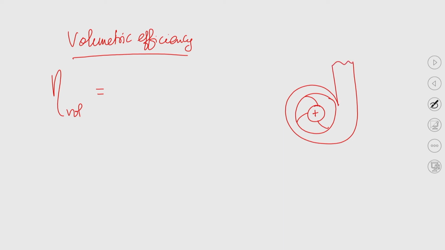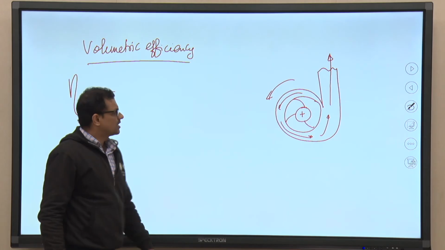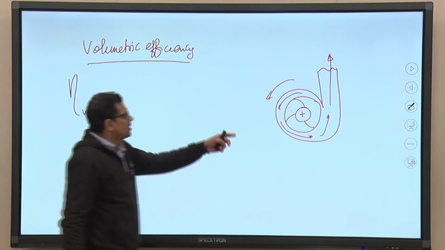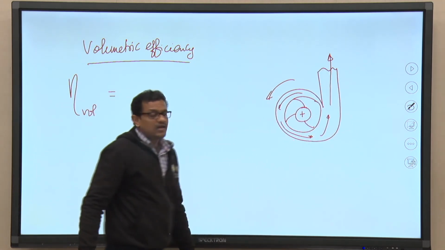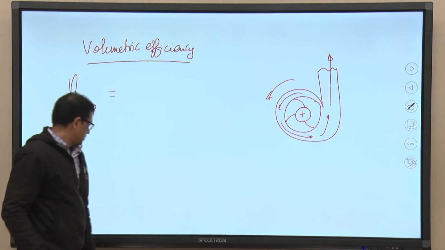This pump is rotating in this direction. So, liquid is coming in this path and following this path it is going out. And this part is connected to the delivery line and we will get the discharge.